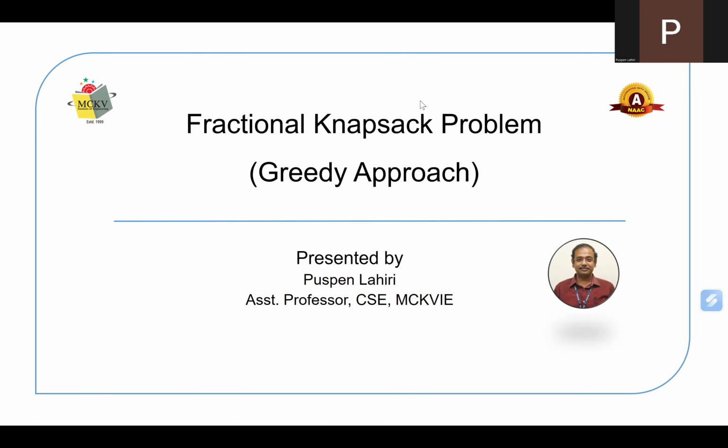Just as a recapitulation of the fractional knapsack problem definition, in gist, we are given n number of objects along with a knapsack. Knapsack means a bag. We have n number of objects. Assume that object i has a weight represented by a parameter wi, and the knapsack has a capacity, suppose it is m.